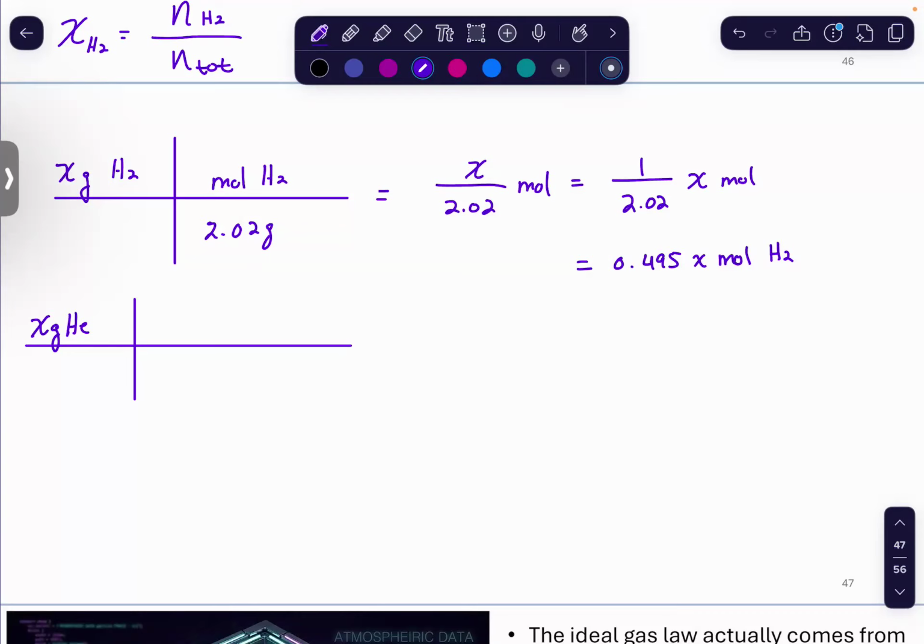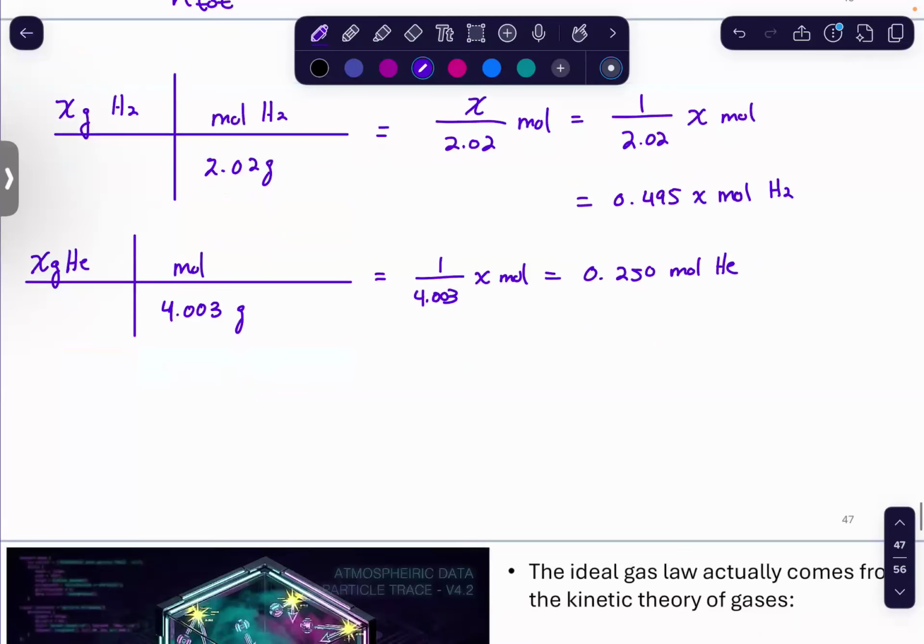Okay, so helium is 4.003 grams per mole. And when I do my 1 over 4.003 X moles, that's going to come out to be 0.250 moles of helium. Okay, now my mole fraction.